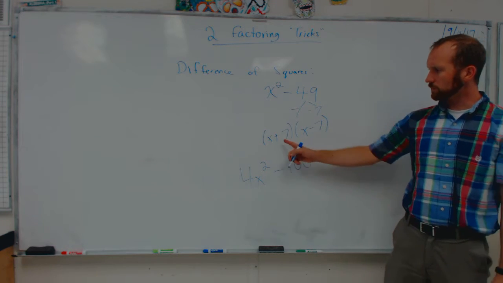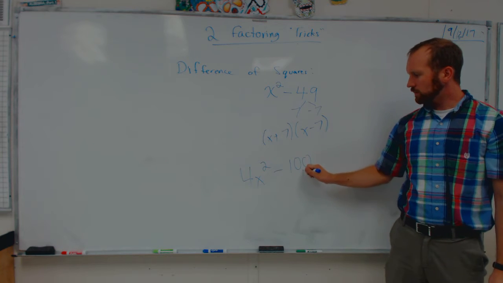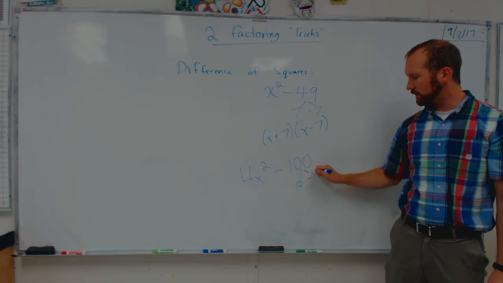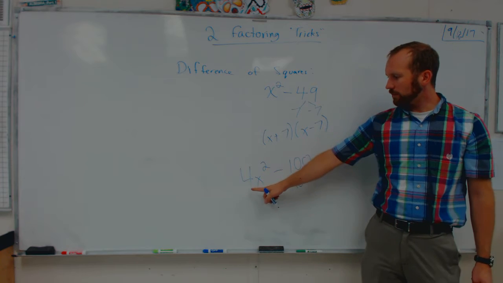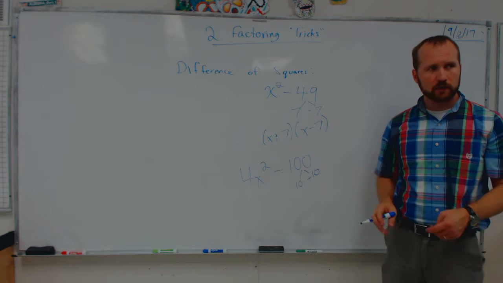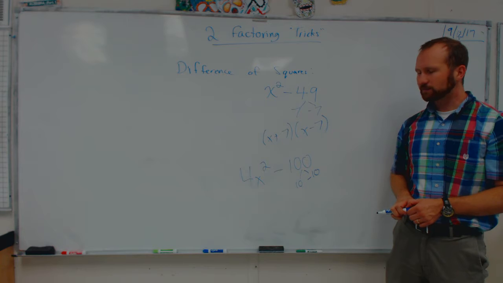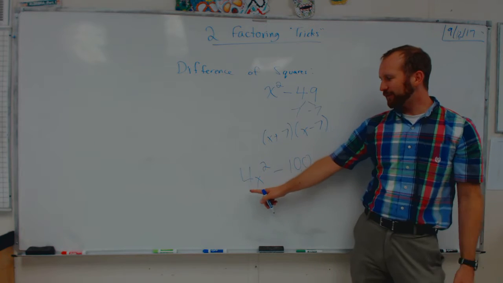What do you think our factors would be? 10 and negative 10. So 10 and negative 10 are the factors of 100, but what about this 4x squared? What am I going to do there? 4, I mean, yeah, the 4x squared.